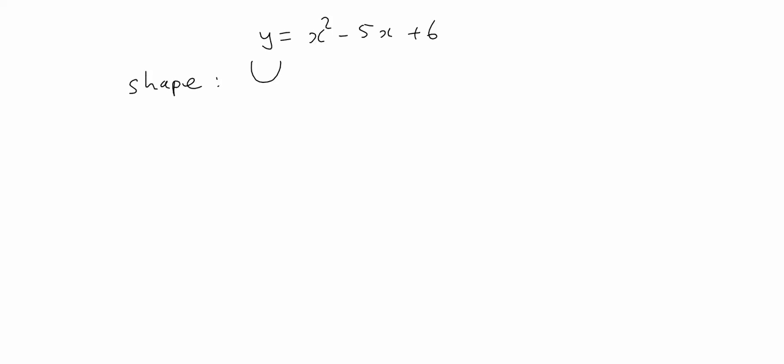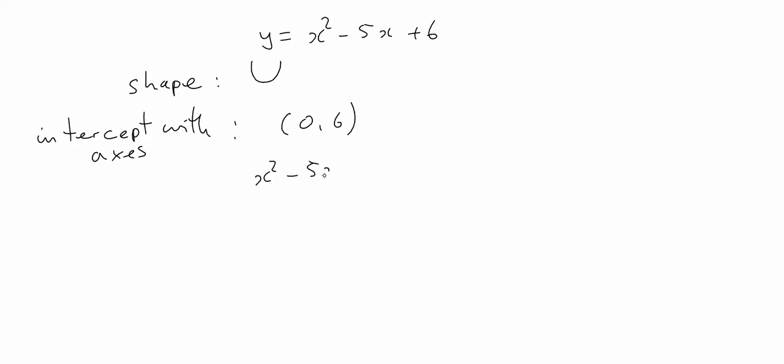Well, it crosses the y-axis when x is 0, and that's the number term here, 6. So the intercept with the y-axis is 0, 6. And for the x-axis, we want to find the values for which y equals 0. So x squared minus 5x plus 6 equals 0.